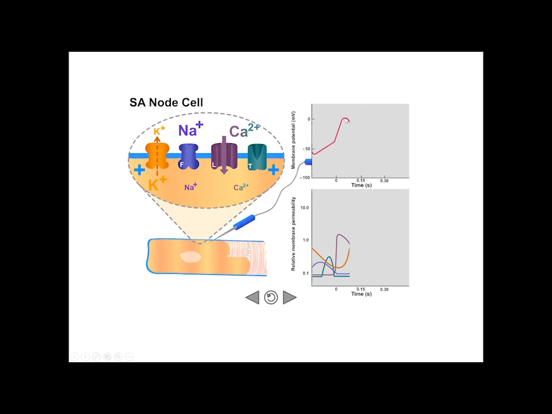And when you get to the top of this peak, the calcium channels will start to close, and then the potassium channels will start to open, and obviously potassium has to go outward because it is concentrated inside the cell, right? So you can see down here what permeabilities are changing. At the steepest slope, we had a really large calcium permeability.